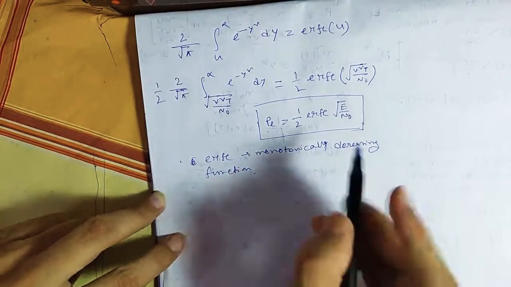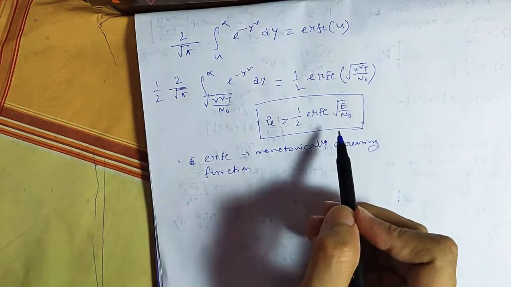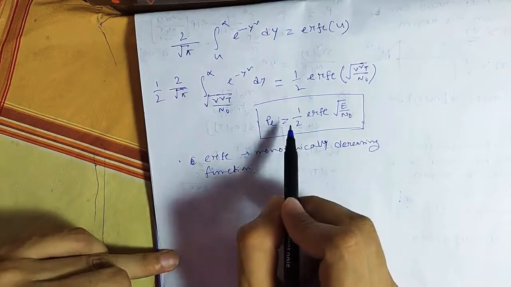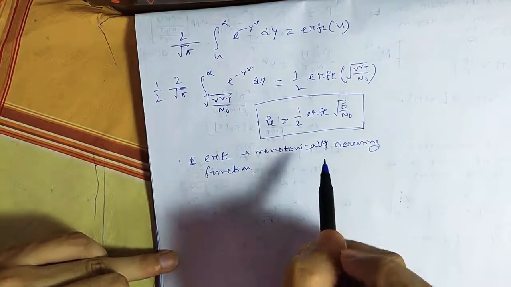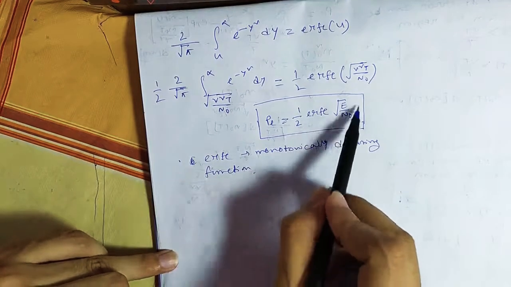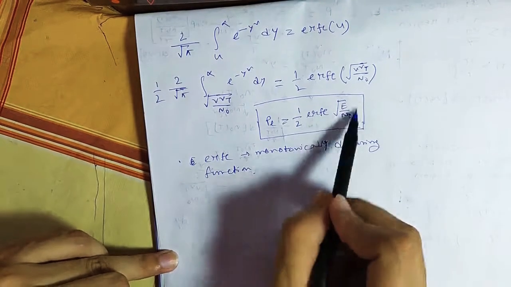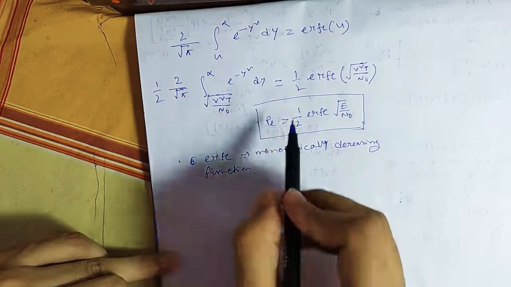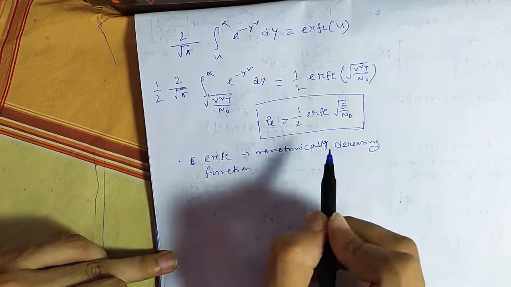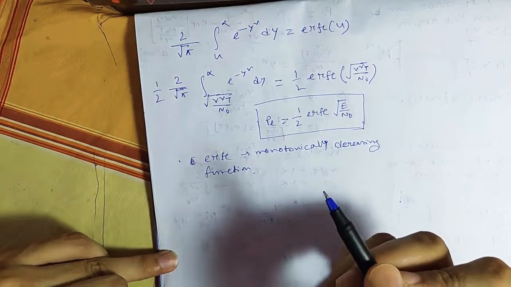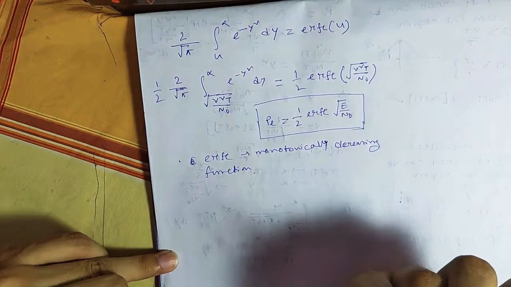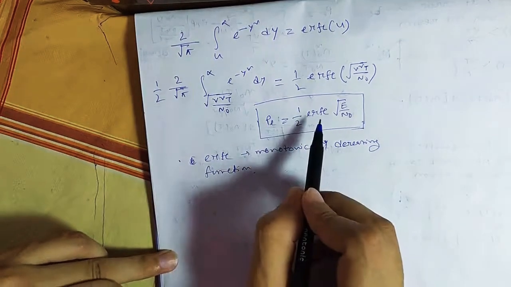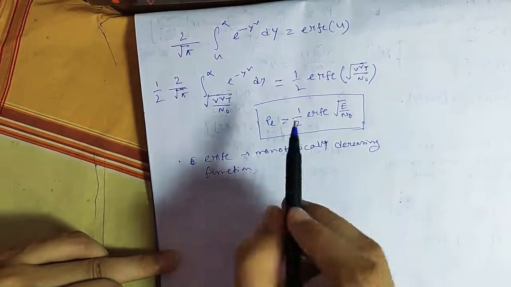So as E by n0 increases, this probability of error decreases very rapidly, and whenever E by n0 is very small, ERFC will be 1 and the probability of error will be 1 by 2. That is the worst case scenario, when the signal is totally suppressed by the noise. At that situation, the probability of error will be 1 by 2, that is, half of the times there will be an incorrect decision.